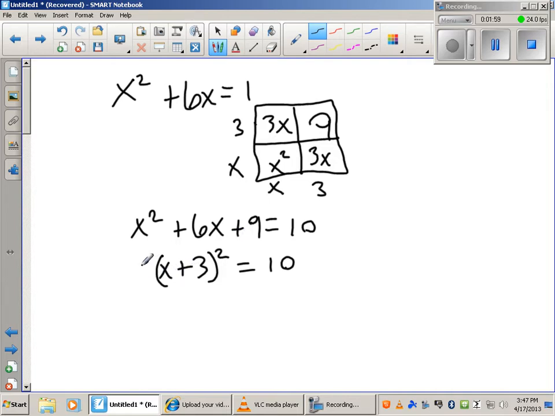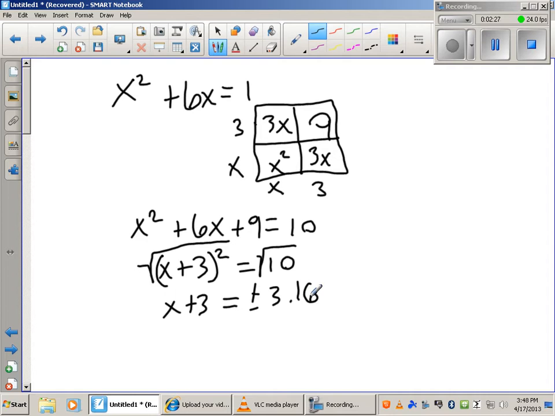So to undo this exponent here, we square root this side, and we have to square root the right side. So we're left with x plus 3 equals the square root of 10, which is going to be 3.16. So we get plus or minus 3.16.